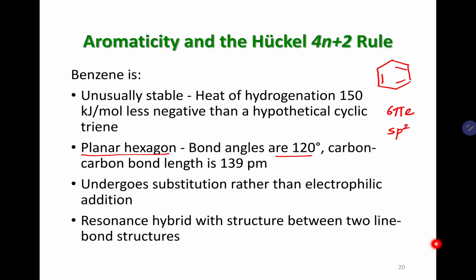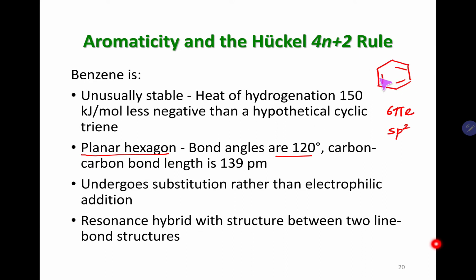It is sp2 hybridized, so the bond angles are approximately 120 degrees. We also learned that these 6 pi electrons are not fixed. They are not situated among 3 double bonds. Instead, these 6 pi electrons are in a more dynamic structure, conjugated between all 6 carbons.